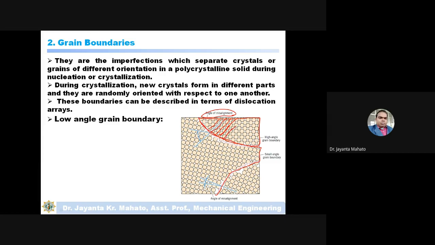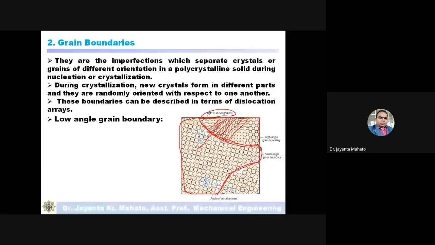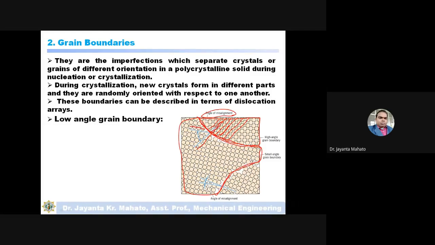Just look at this figure, you can clearly understand that all the atoms are oriented this way. So in this region, atoms are oriented in this way, but in this grain, atoms are oriented in this way.